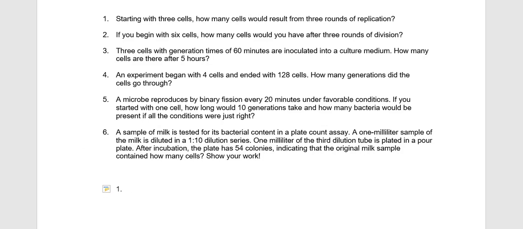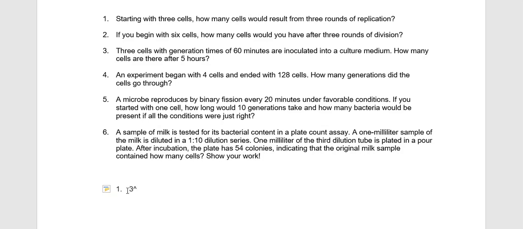Starting with 3 cells, how many cells would result from 3 rounds of replication? We know the number of generations here is going to be 3, simply because it says 3 rounds of replication. Replications, doublings, generations, those all say the same thing. So we can just use 2^n.